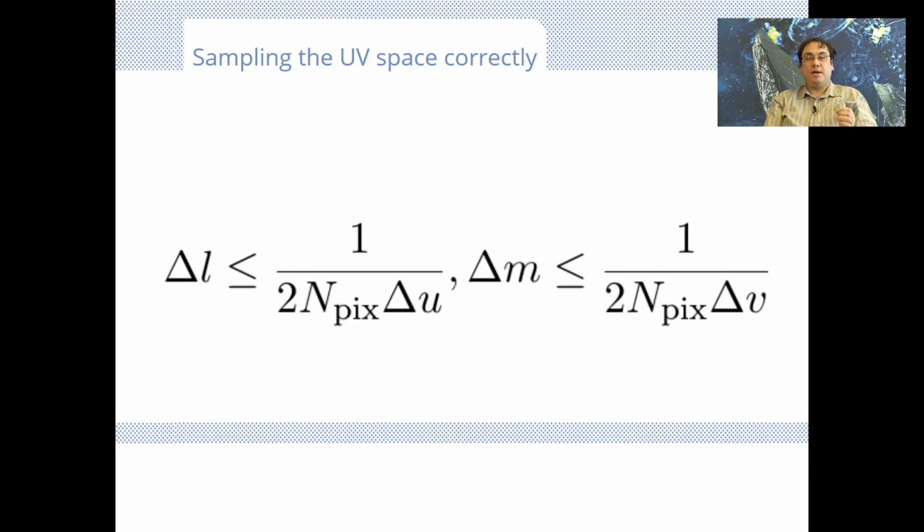Here we indicate that spacing as the number of pixels that we chose for our image times the delta in both the U and V spacing. And remember that it needs to be twice that size at the very minimum. Normally what we do is we oversample that space so that we place a few pixels of response for every point-like source out there.